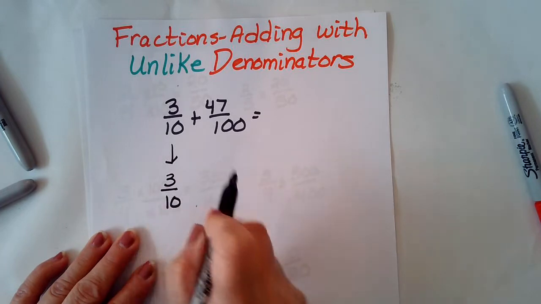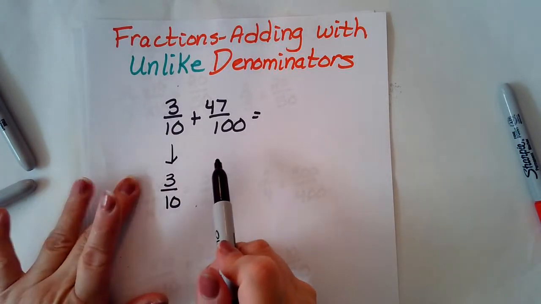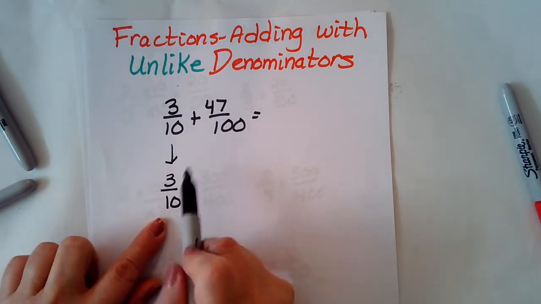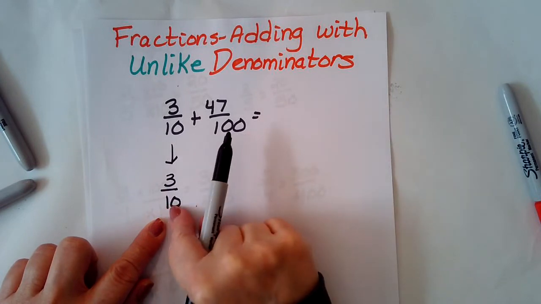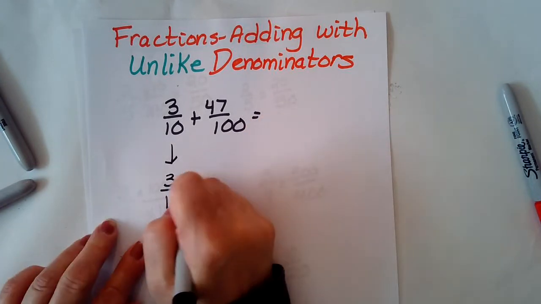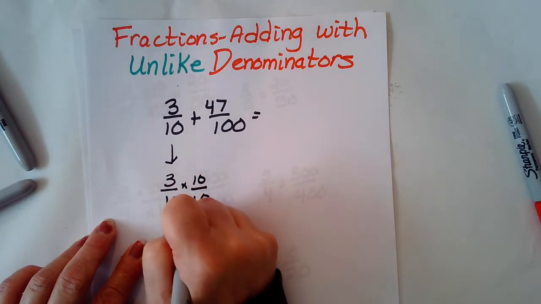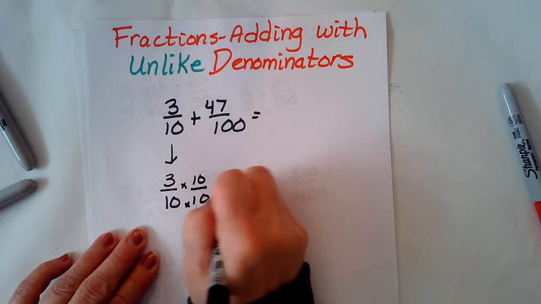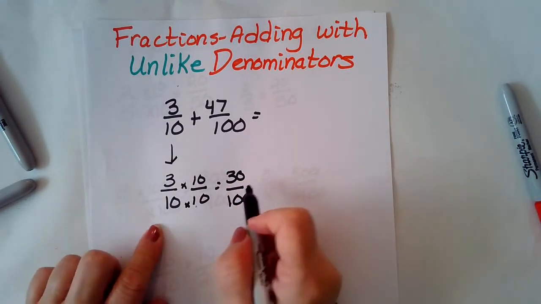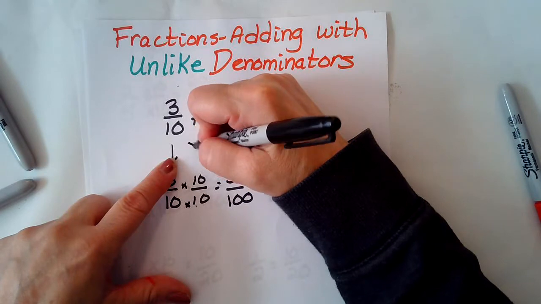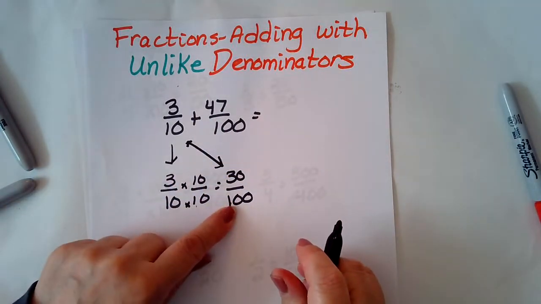Now we need to multiply the numerator and the denominator by a number that would give us a denominator of 100. Well, 10 times what equals 100? That would be 10 times 10. So I'm going to multiply both the top and bottom by 10. And that becomes 30 100ths. So our equivalent fractions, I'm just going to put an arrow here, because 3/10 is equal to 30 100ths.